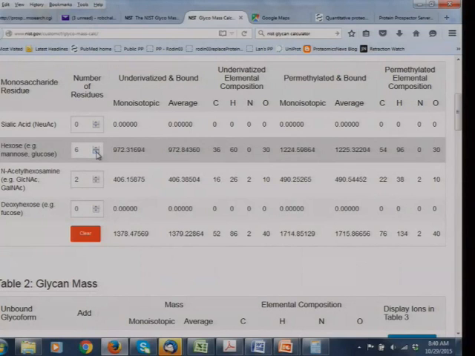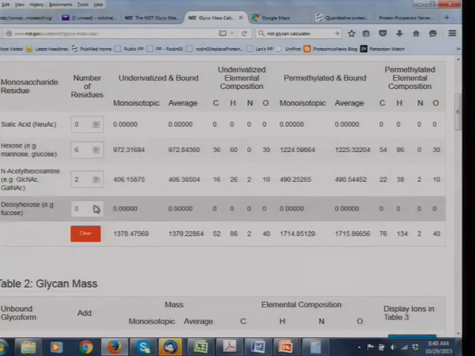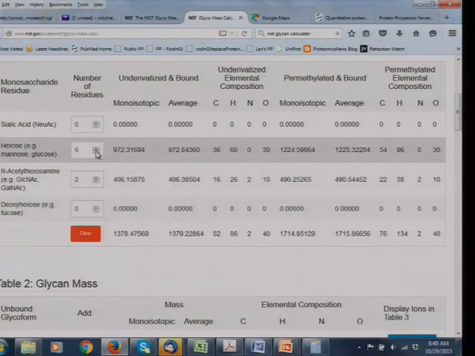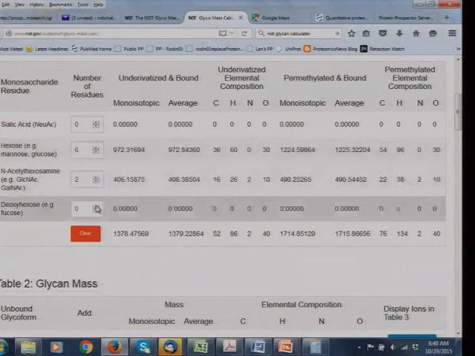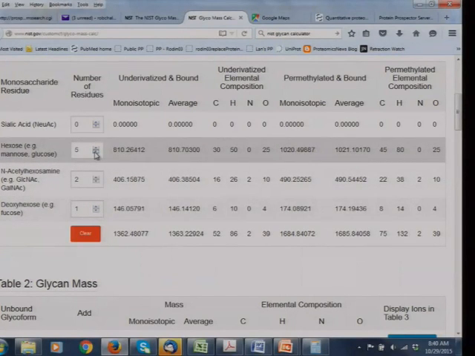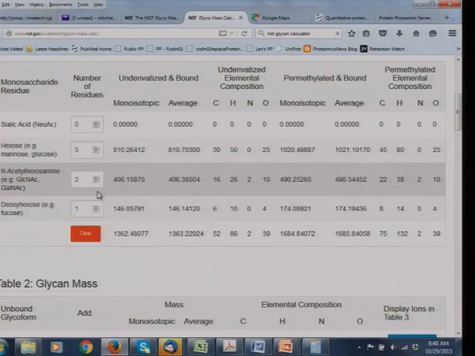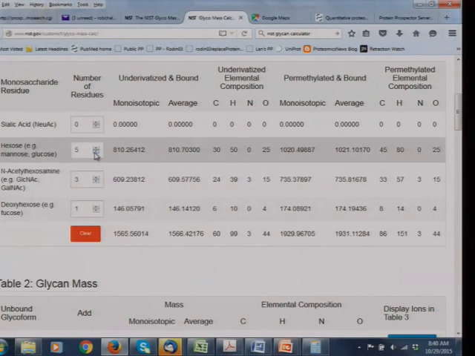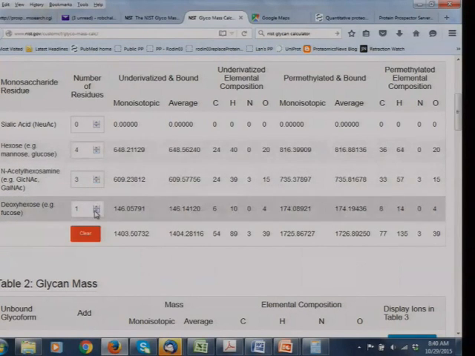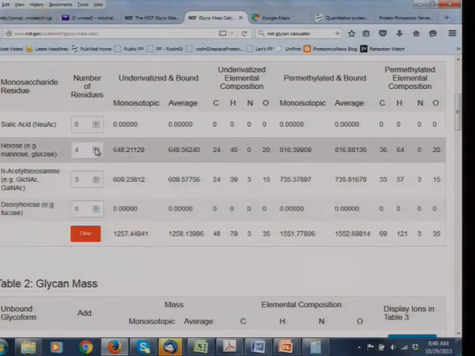So, no, that's not just another hexose on there. That's too big. Oh, how are we going to do this? I wonder what this is.